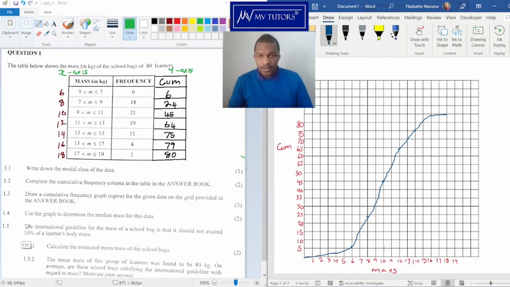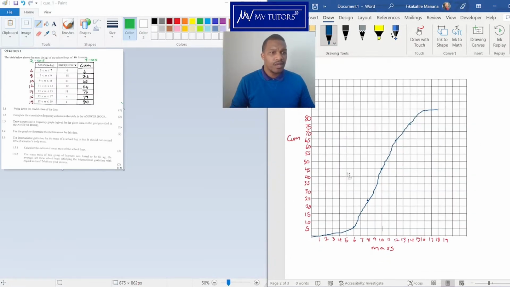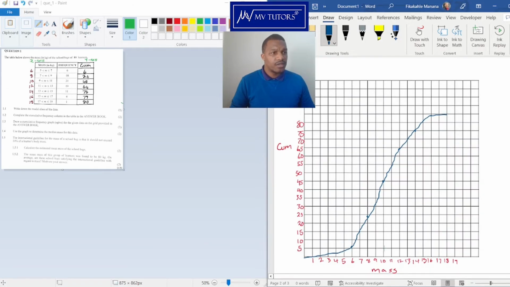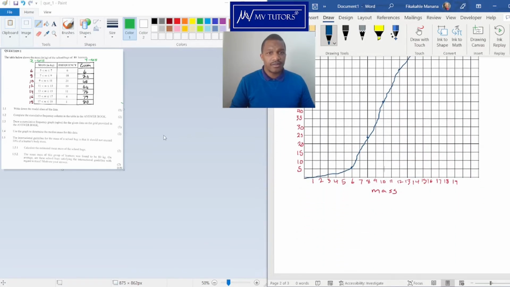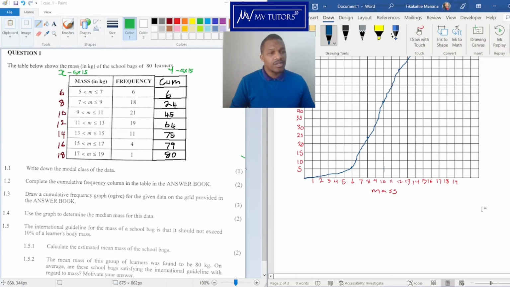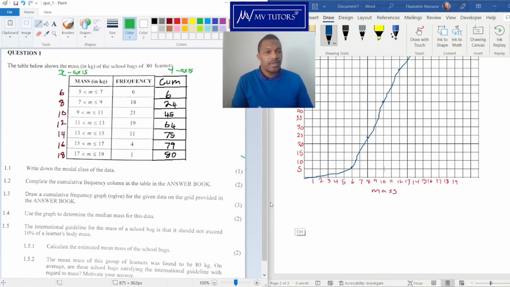Okay, and then the next question says, use the graph to determine the median mass of the data. Okay, so to determine the median mass, we know that we basically have to say the formula of the median position.